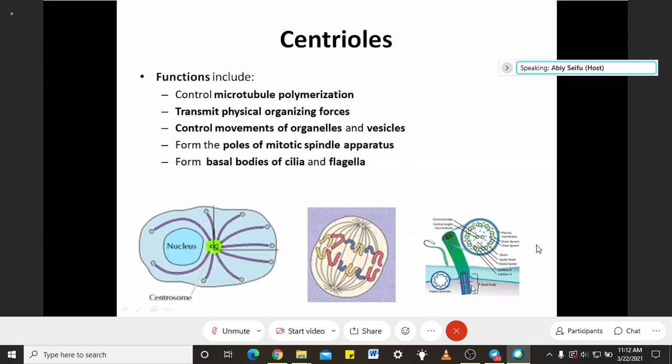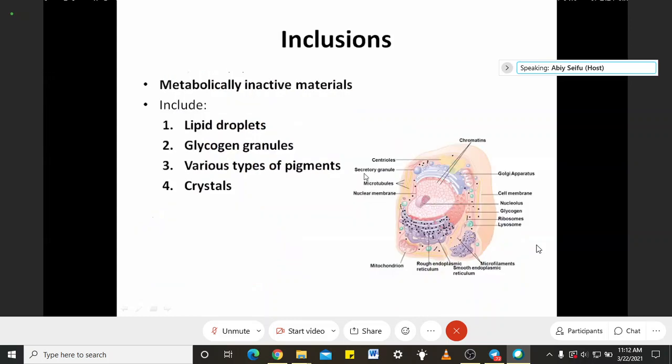So the centrioles are making the basal bodies from where the microtubules elongate for formation of the shaft of the cilia.